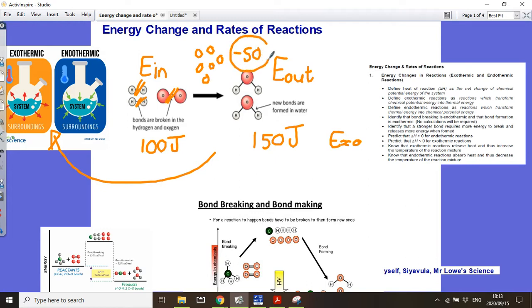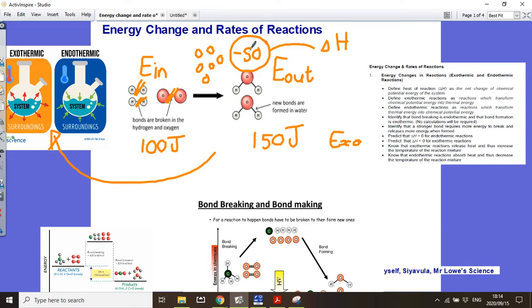And this is the energy that we are looking at when we say delta H. So it's the potential energy of the chemicals, not the environment. We're interested in the chemicals. So if the chemicals themselves have lost energy to the environment, then that is our delta H value.